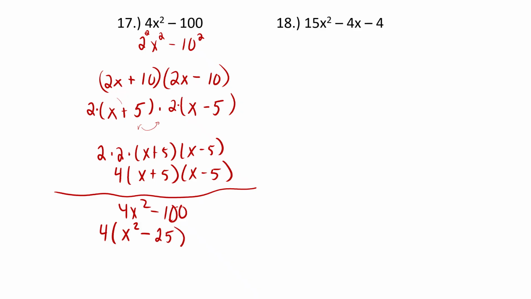That would be 25. And now you've got the difference of squares, but with much smaller numbers. So you could set up your conjugates, 1 plus 1 minus. X times x gives you x squared, and 5 times 5 gives you the 25. And then don't forget your common factor of 4.